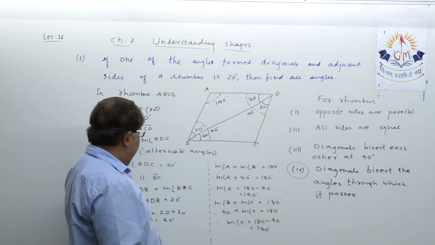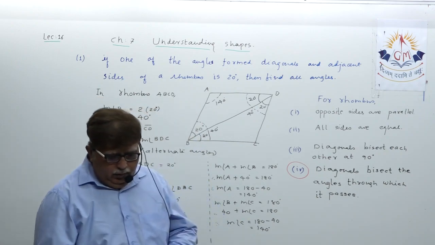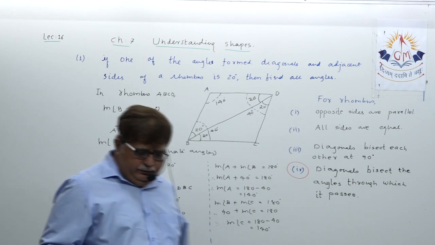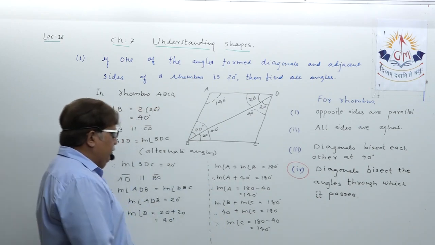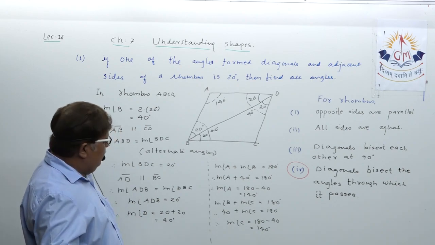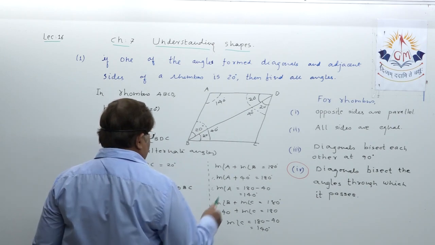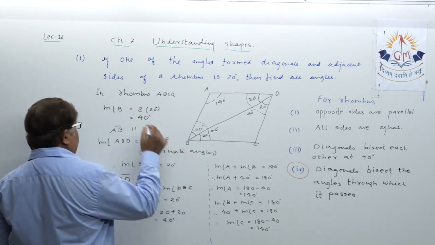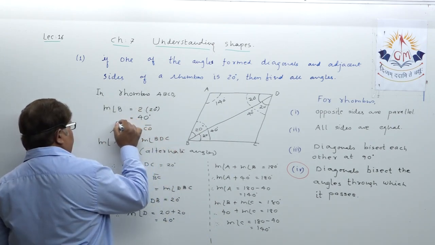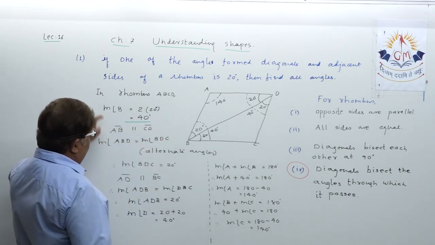So dear student, in this way you got all four angles. After you get all four angles, just during the exam, even if at last you don't mention, at least underline them in this way in between the sum.